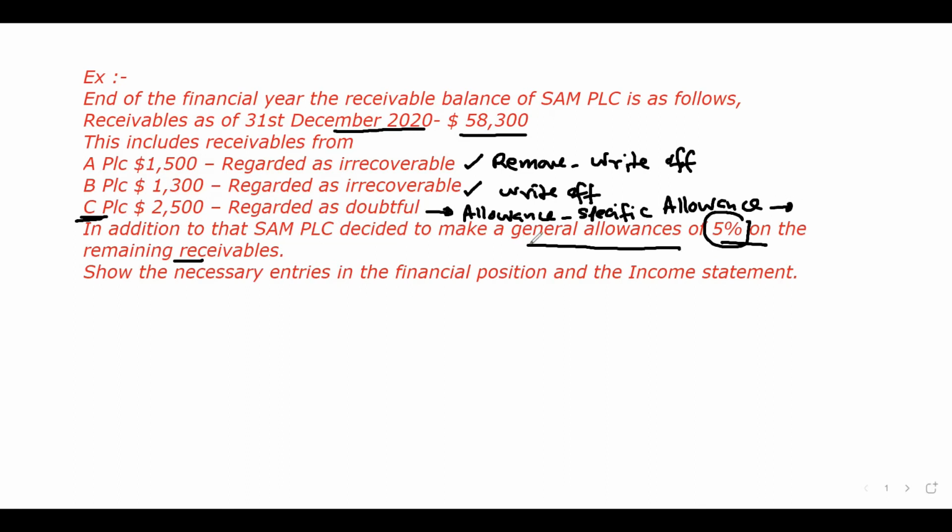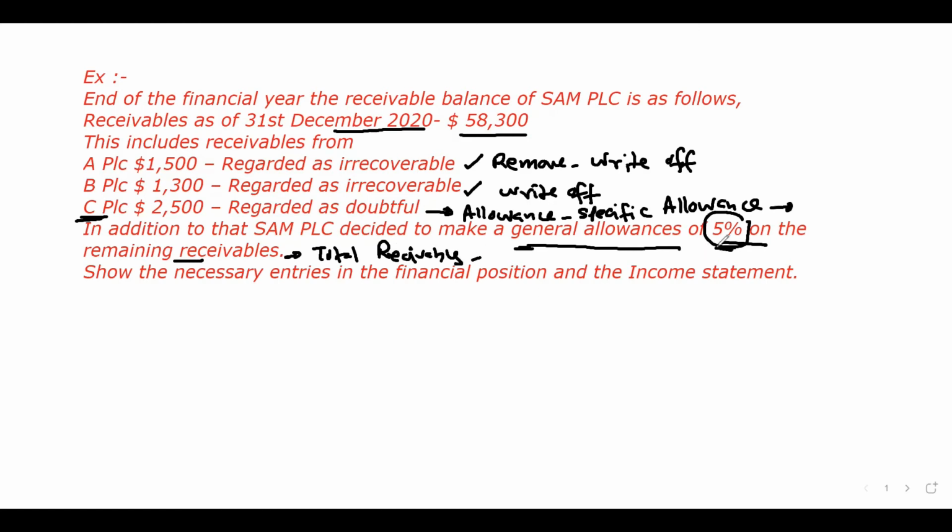However, in the general allowance on the overall receivable, we don't know which customer will not pay. So on the total receivable amount, we have to make a general allowance of 5% on the total receivables.